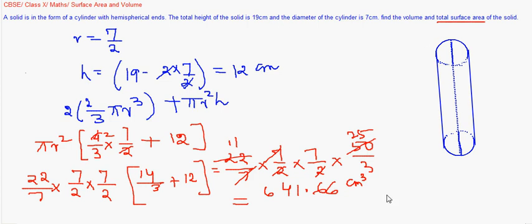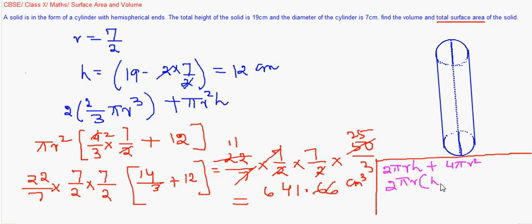Surface area of a cylinder is 2 pi r h, plus what is the surface area of hemispheres? It is 4 pi r square. 2 pi r square into 2, that is 4 pi r square. Because then I can take 2 pi r also common, so it is h plus only 2 r.